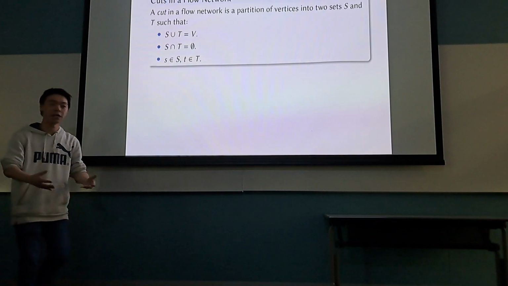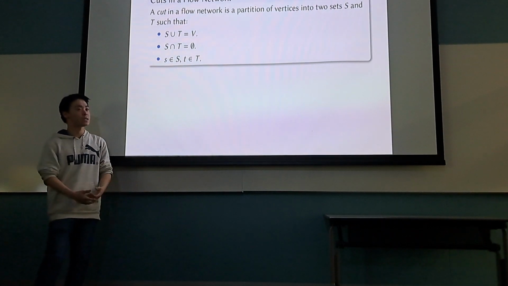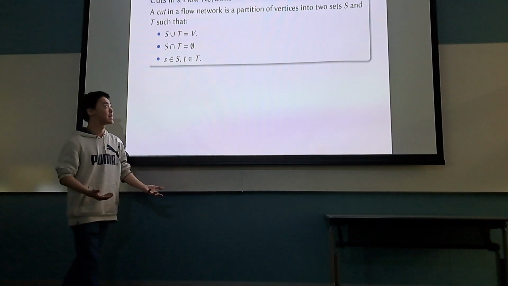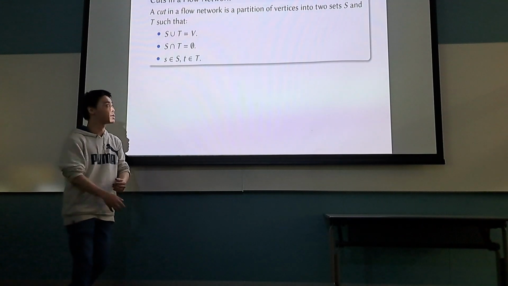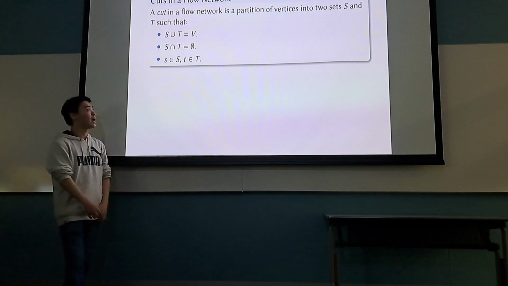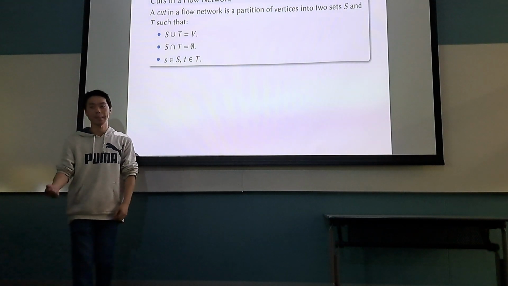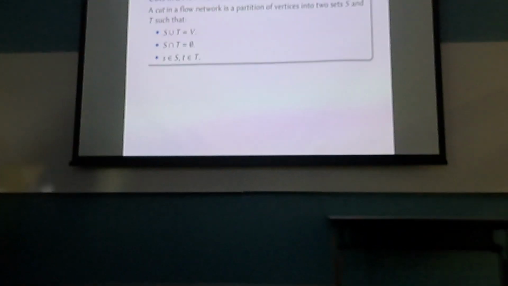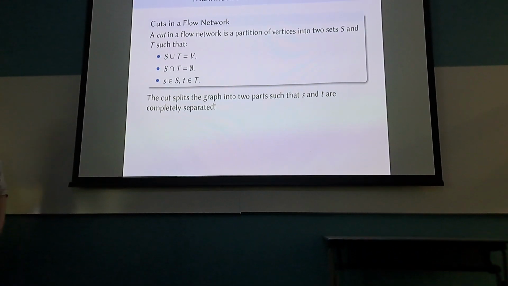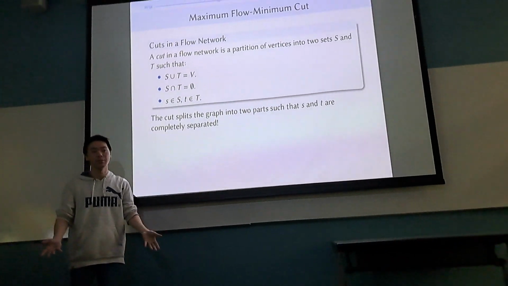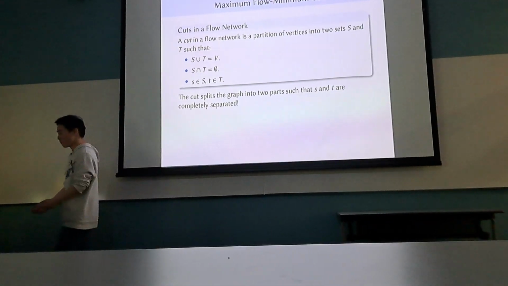Formally speaking, a cut is really just a partition of vertices, such that if you take the union of the two partitions, you get exactly the original vertices. If you take the intersection, then it's an empty set, and the source has to be on one side, and the sink has to be on the other side. So the cut splits the graph into two parts. S and T are going to be completely separated.